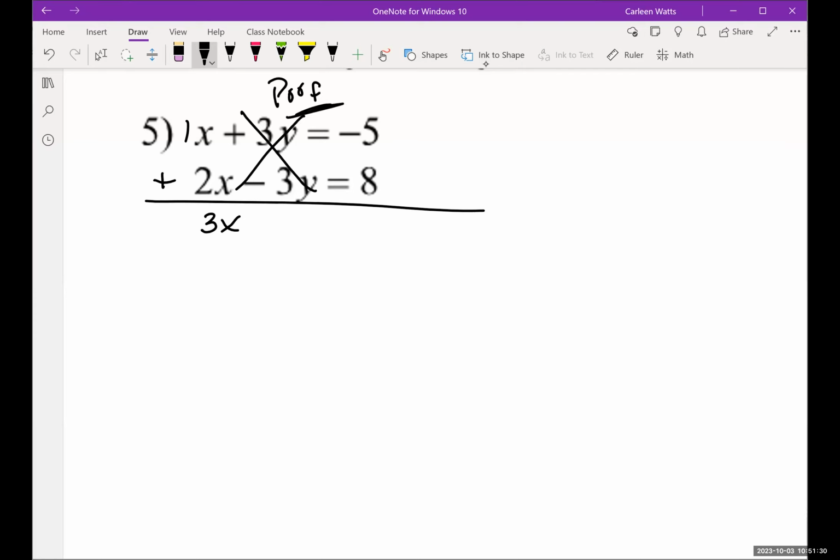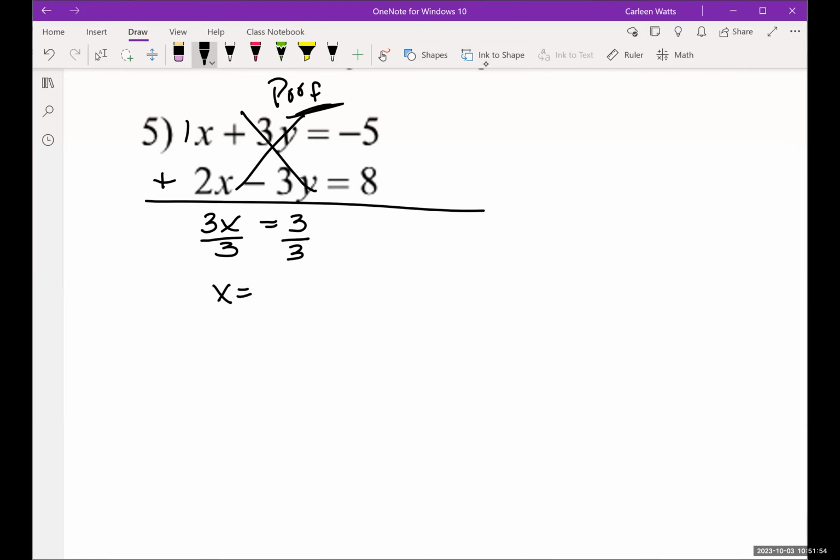Poof. Yeah, gone. 0 y's. -5 plus 8 is +3. Awesome. Okay, the whole goal was to get rid of the y's. I now have an equation with only one variable. So now I can solve.